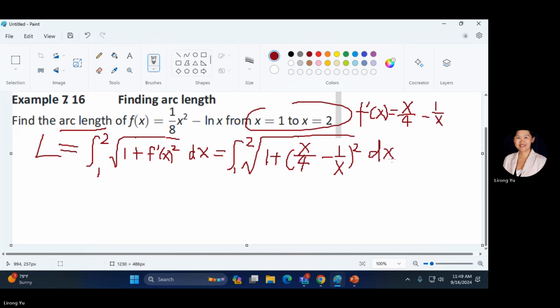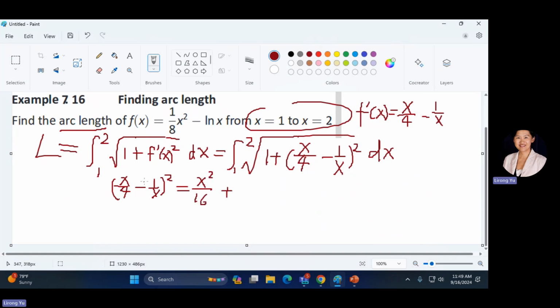And so we're going to try to pay attention to this, so maybe it comes out as a perfect square. Let's look at the term under the root. If you square x over 4 minus 1 over x, let's not add a 1, let's square first. The first term squared is x squared over 16.